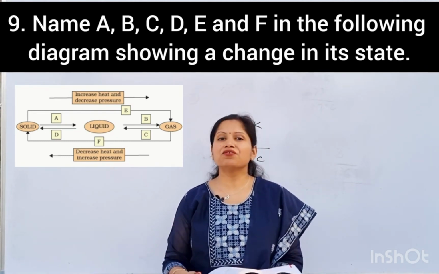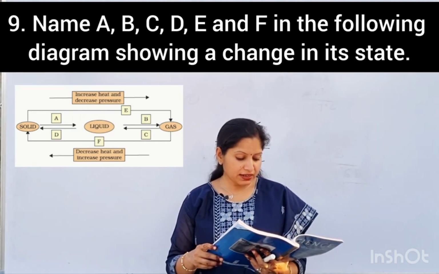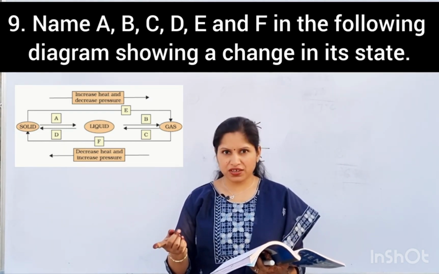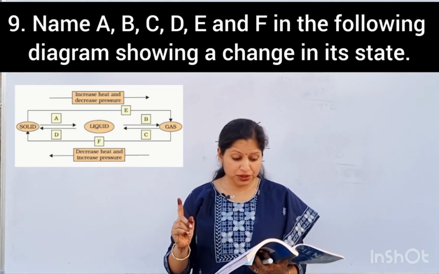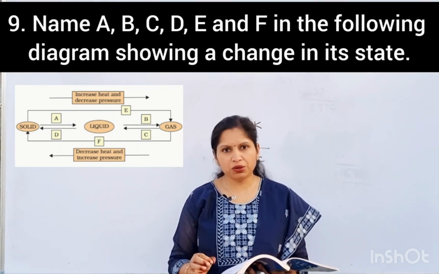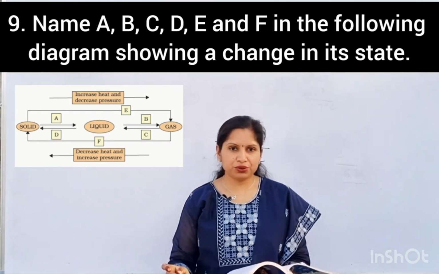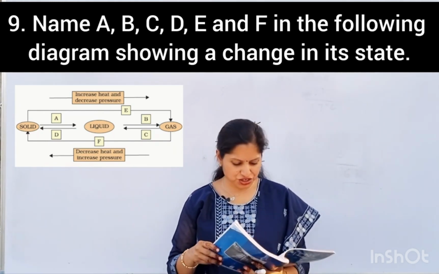So A is fusion. And then B, liquid is getting converted to gaseous phase. So B will be vaporization. Okay, liquid getting converted to gaseous phase is vaporization.